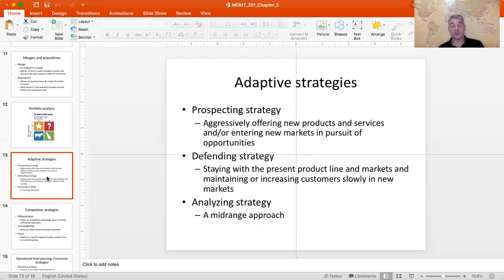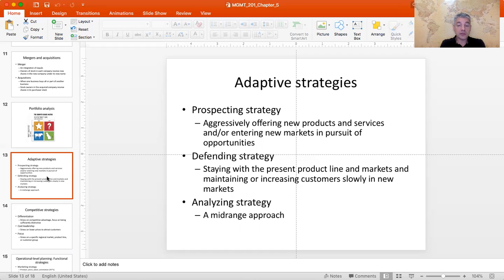If this is a lifestyle business for you, you reach a certain level, you're comfortable there, you make enough money, you have time to enjoy the money that you create. So, kind of if it works, don't fix it. So that's the essence of a defending strategy.